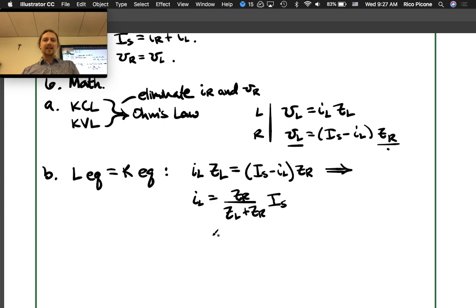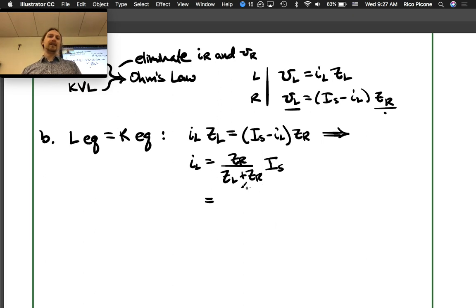Okay. So we know it's there. All we need to do is just like sort of simplify, which can get a little messy. This is the part that gets a little messy sometimes. So ZR is not messy, right? That's just R. ZL, we can use either the rectangular or the phasor form, and we're going to be adding it to the ZR component.